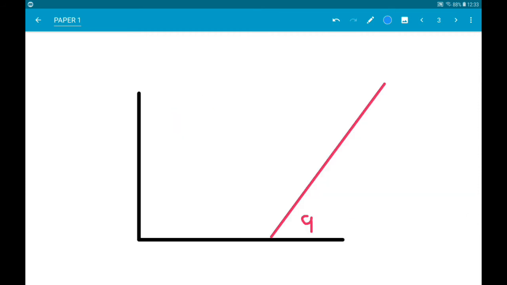So, this guy is going to look something like that. Now, the modulus graph then bounces off the x-axis.